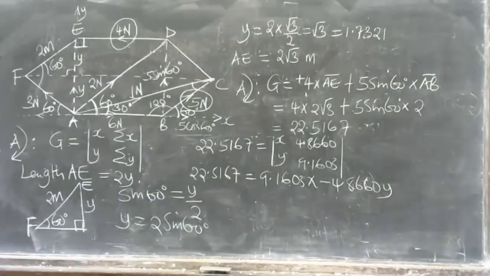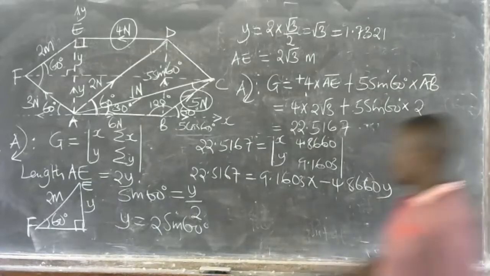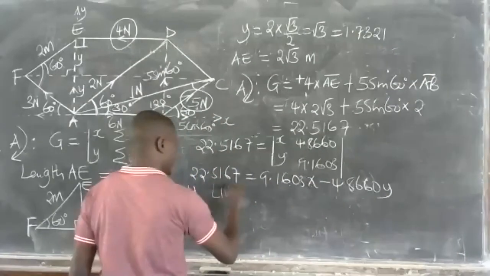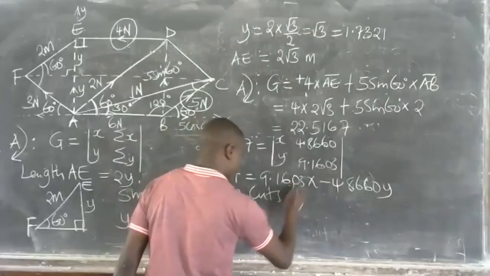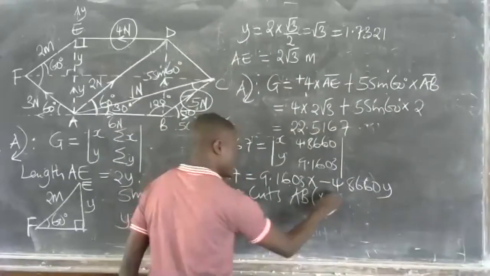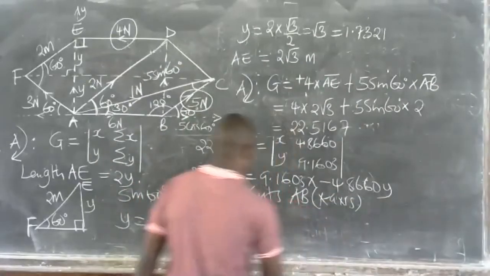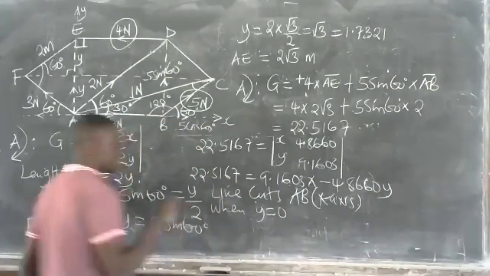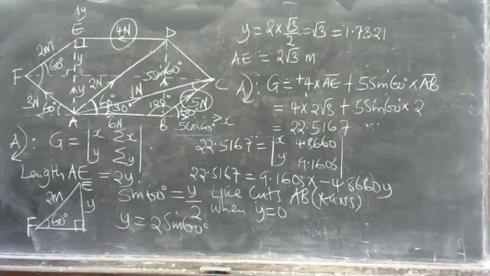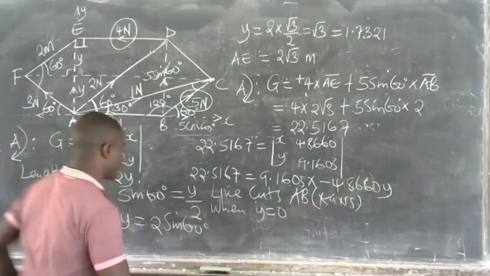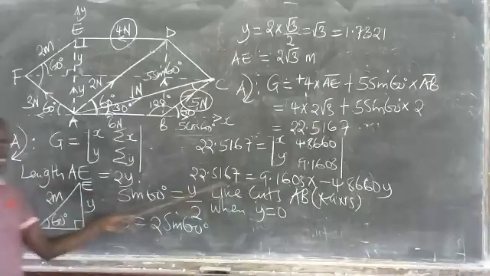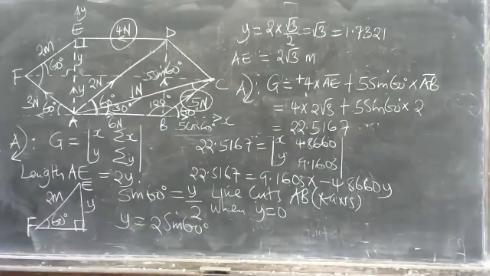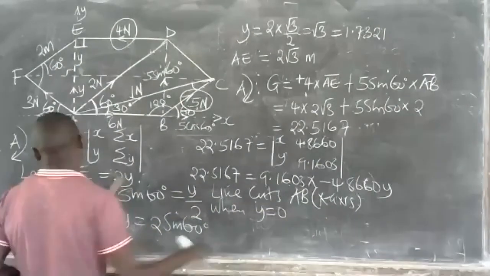So we say the line cuts FB, but FB is same as x-axis. When y is 0, so when you put y is 0, we shall be left with this. You divide and get x, but no, that's not the final answer.